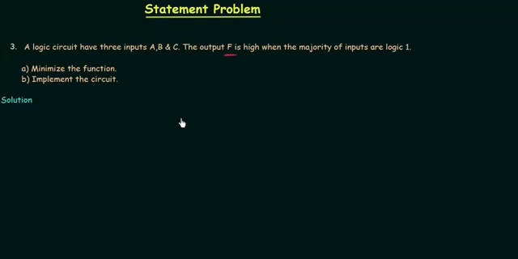We have to make the truth table first. We have three inputs, so we will have 8 possible combinations.